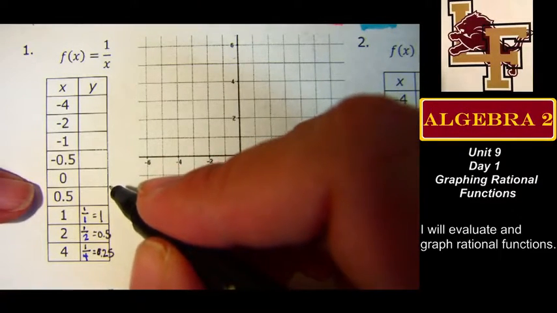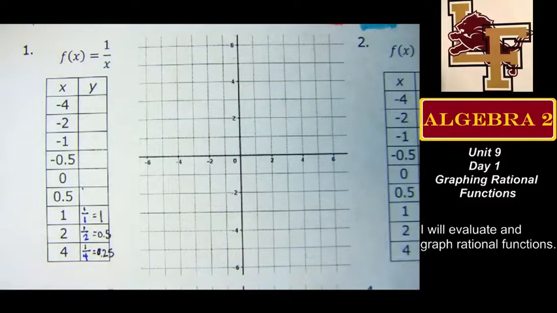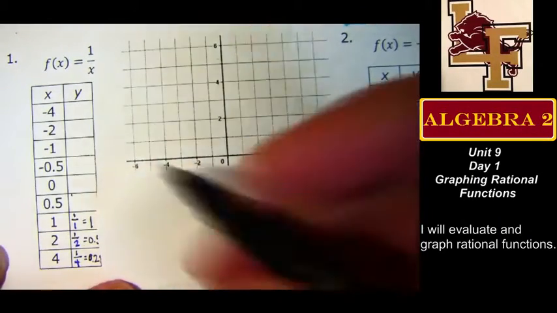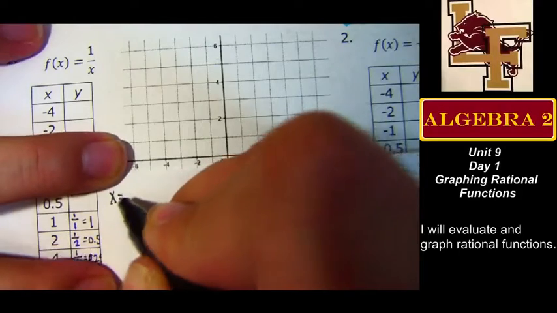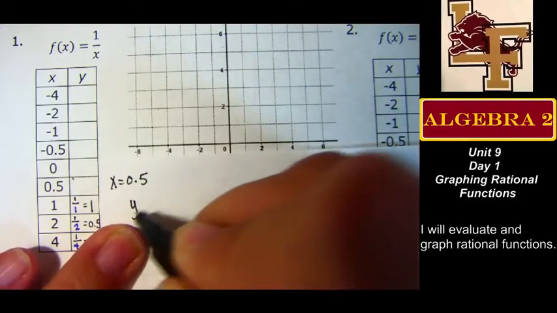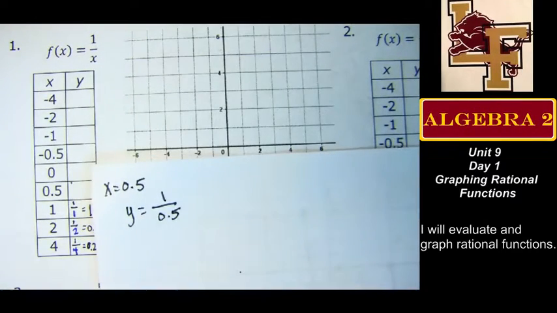All right, let's do 1 over 0.5. I need another sheet of paper for this so I can make my writing big. So I'm going to do x equals 0.5. That's going to give us a y of 1 over 0.5, which admittedly is really hard to think through.